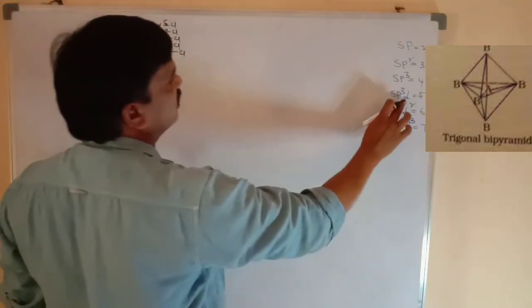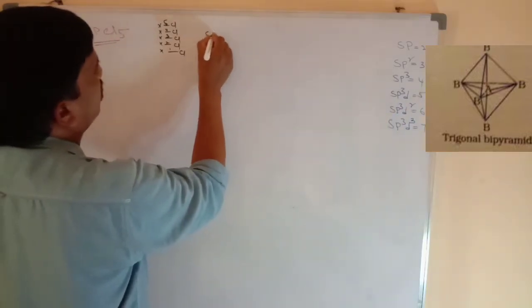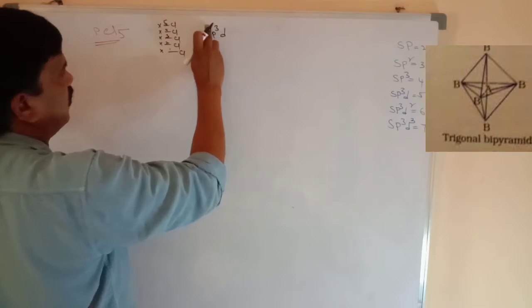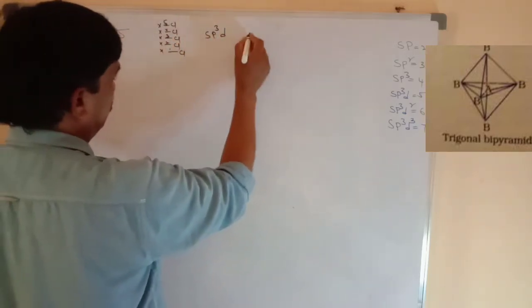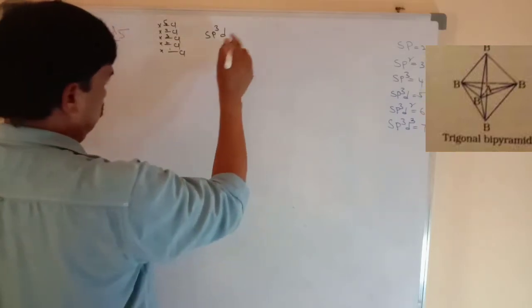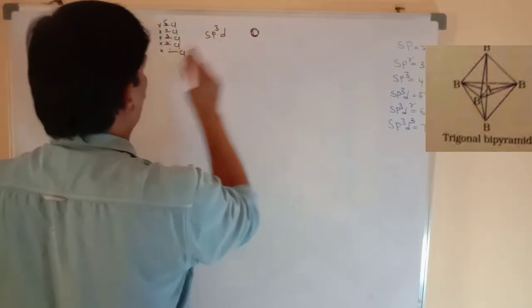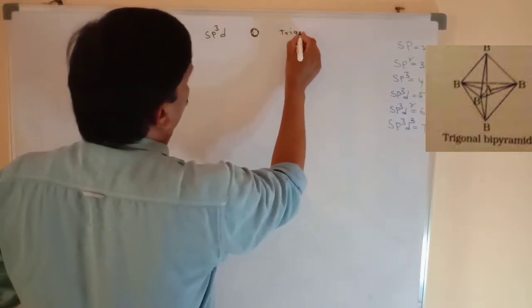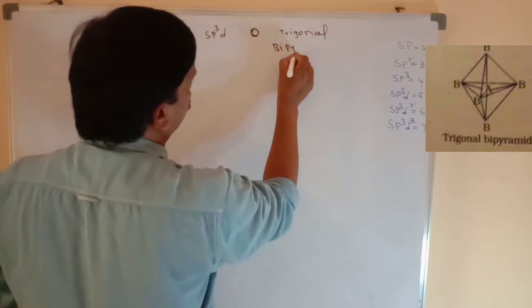The sum of powers equal to 5 means which type of hybridization? sp3d. Here 3, here 1, here 1, total 5. sp3d hybridization with zero lone pairs means there is no lone pair, and the shape of the molecule is trigonal bipyramidal.